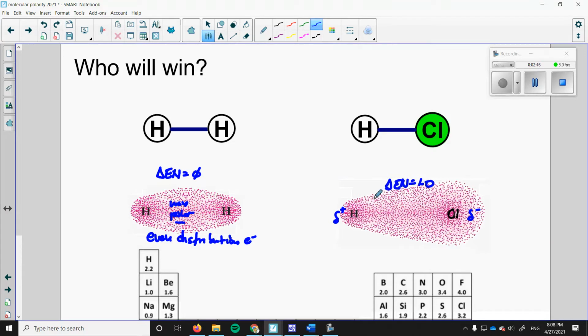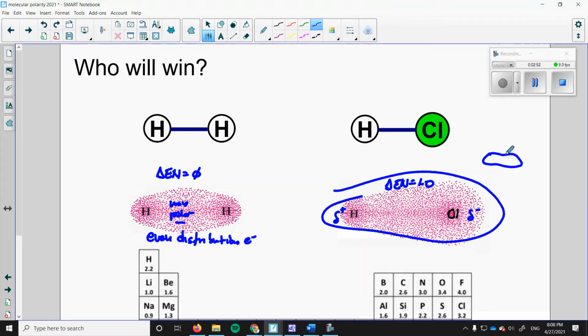And when you look at the whole molecule, because of this uneven distribution of charge, this end is going to be positive, sorry, and this end is going to be slightly negative. So this molecule, because of the uneven electron distribution, is going to be polar. It's a polar molecule. So it has charged ends associated with it.